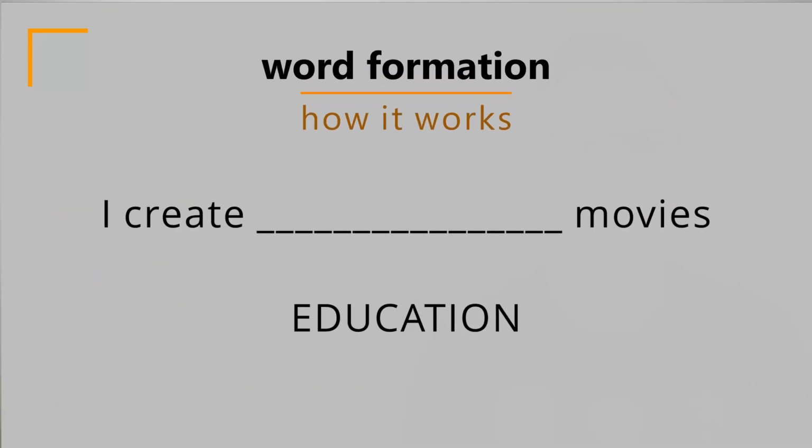I create movies. And our keyword is education. So we remember our first rule, use adjectives to describe nouns. Movies is a noun, so we have to create an adjective form of the word education. And that would be educational. So I create educational movies.